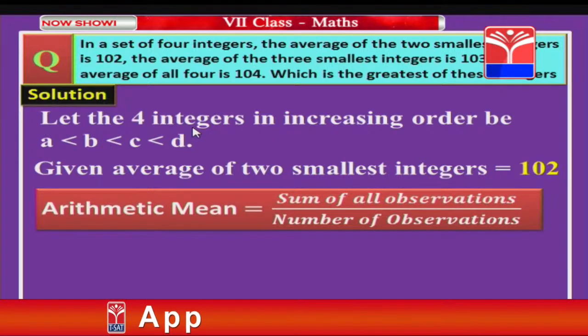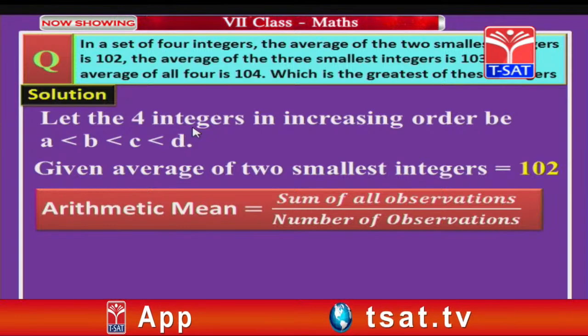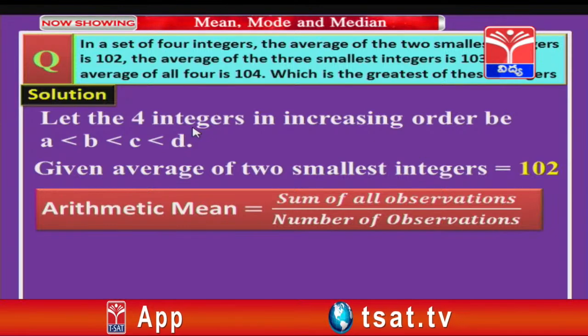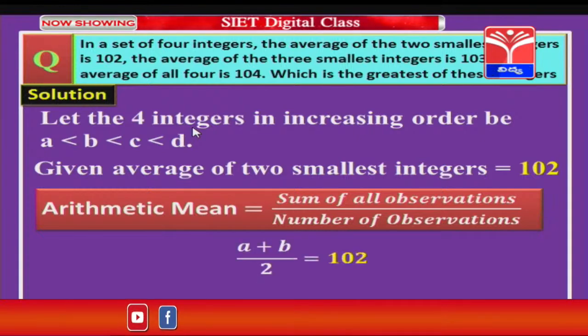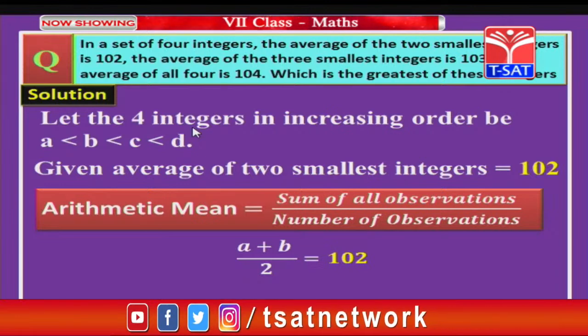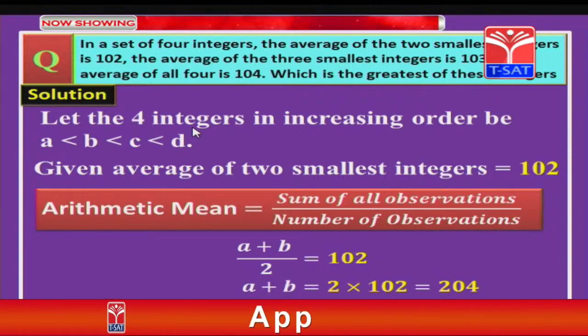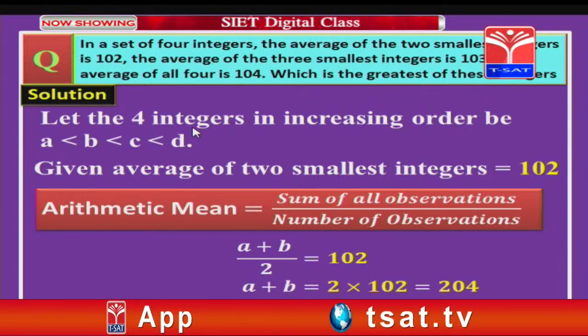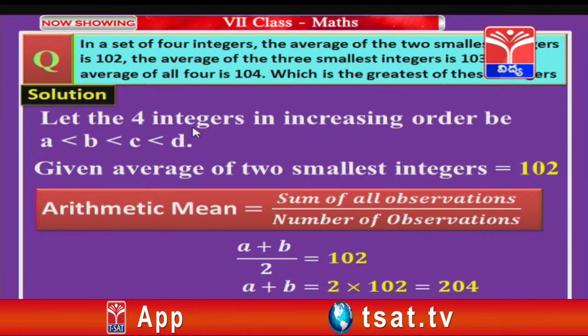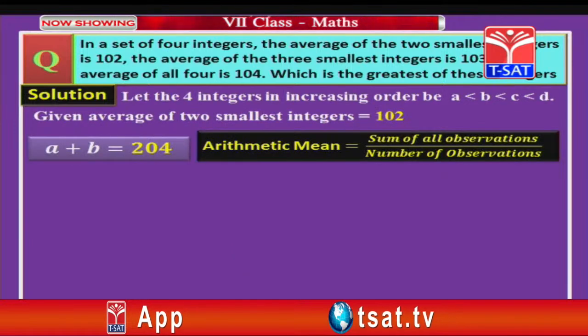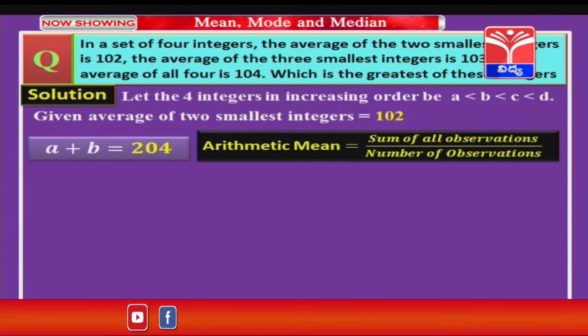Average is nothing but the arithmetic mean, which is given by sum of all observations by number of observations. Let us find. So, a plus b by 2 is 102, because the average of smallest 2 is 102. Now, what will be a plus b, children? Yes, 2 into 102, that gives 204. So, we got a plus b is equal to 204 as our first case.